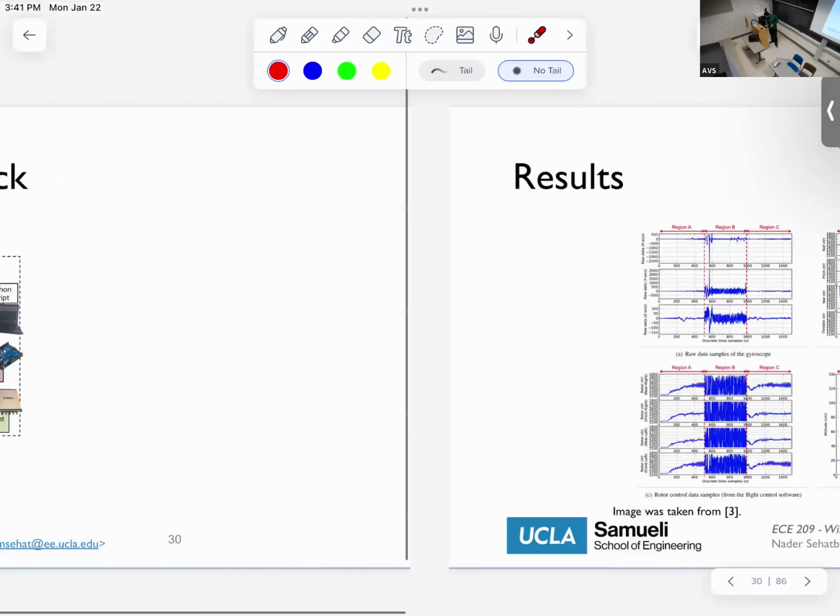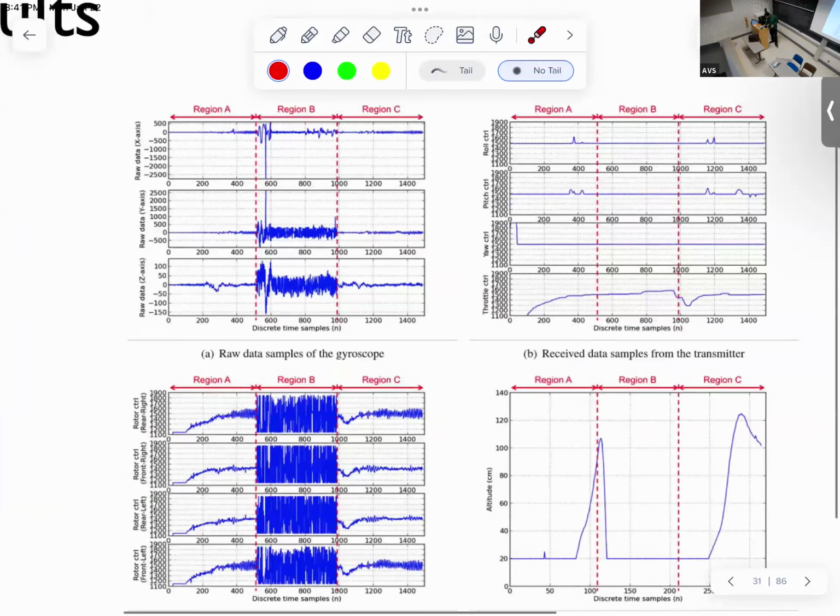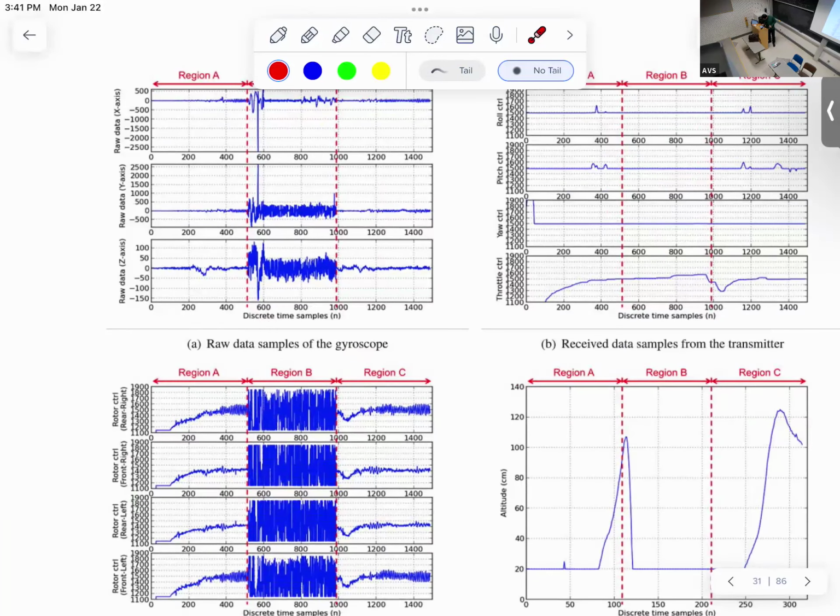Okay. This is actually the result of the crash. I think the top left ones are the results of the gyroscopes. And I think there are 4 different gyroscopes in the system.